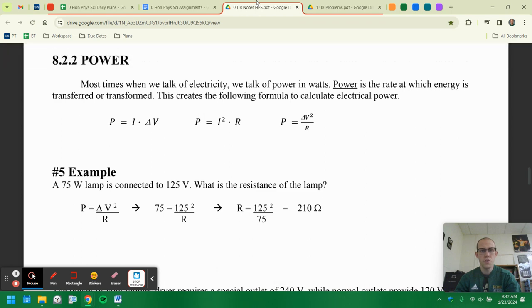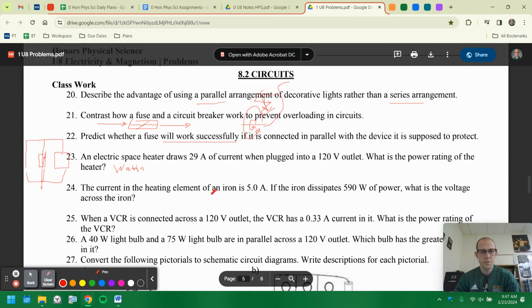So we are going to multiply those together. So 29 amps times 120 volts. That results in 3,480 watts of power, and it would probably be reported in kilowatts, 3.48 kilowatts of power required.